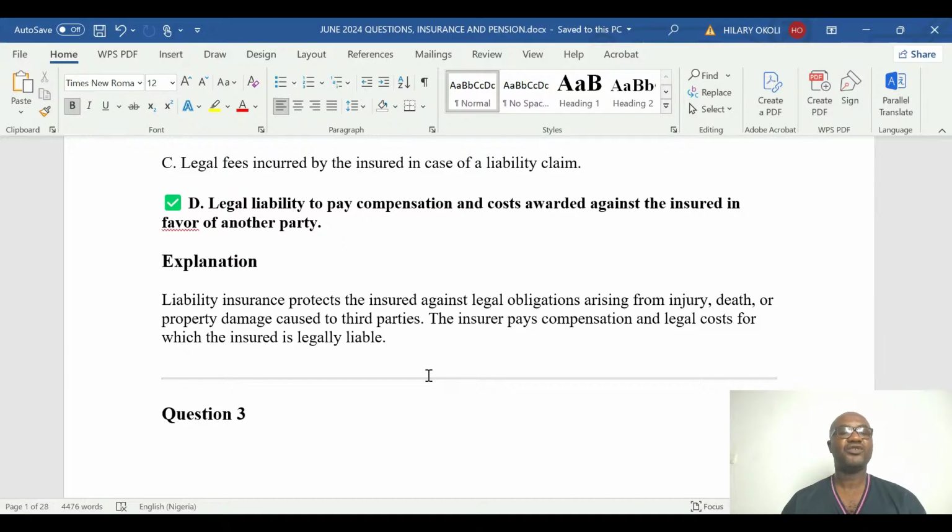So you don't have to worry yourself or try to borrow money, insurance has your backing. So liability insurance pays compensation or costs awarded against the insured in favor of another party. That is what it does for you. It speaks on your behalf and settles matters on your behalf.